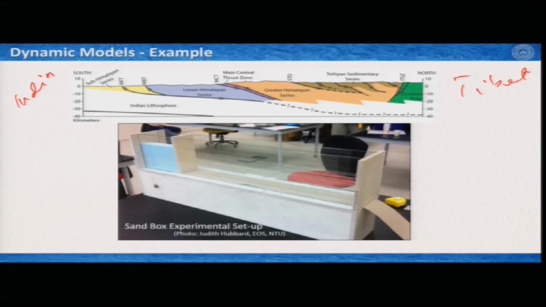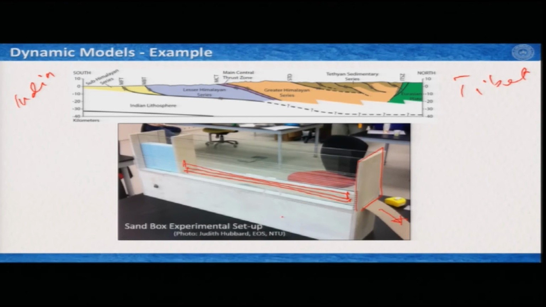In this space you add a series of layers of sand, with different colors to distinguish the layers, which are analogous to the sedimentary layers. Then you drag this belt so that the entire sand body moves from one side to the other, and this is a block analogous to the rigid Tibetan plate, where the Tethyan sediments are hitting, and we would like to see what is happening here.